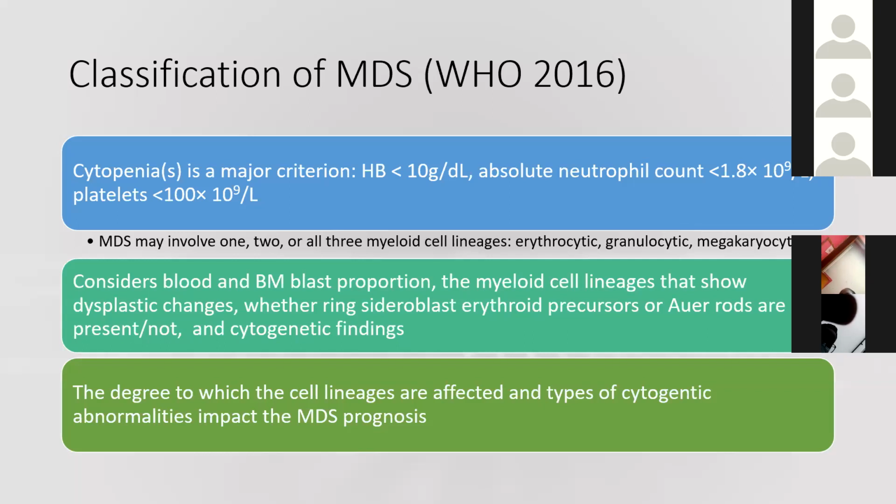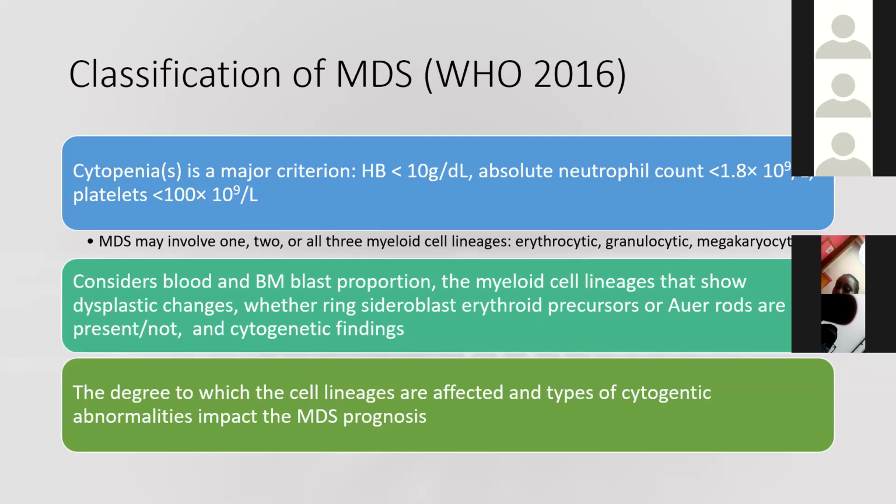And then we also very importantly consider, and this was not considered in the earlier classifications, cytogenetic findings. So cytogenetic findings have now emerged as being quite important in certain groups of the myelodysplastic syndromes, and they confer some diagnostic and also prognostic significance to the disorder.